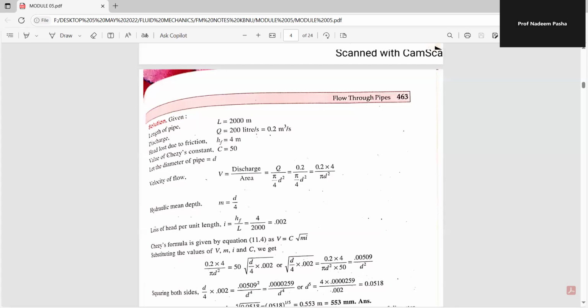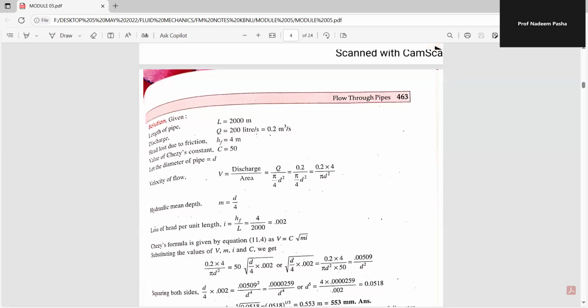Now we have Chezy's formula as per equation 11.4, which comes out to be V is equal to C into under root MI. So substituting the values of V, M, I and C, what we get? 0.2 into 4 divided by pi d square is equal to 50 into under root of d by 4 into 0.002.